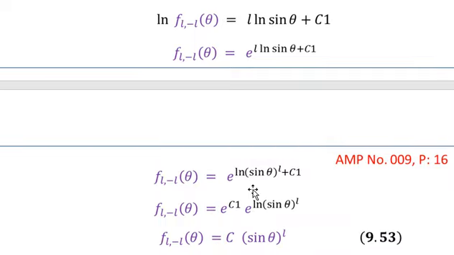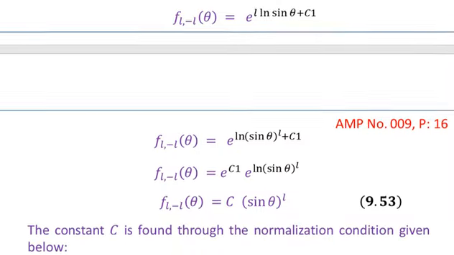Now you see that you can expand the exponential term, that is you can write it as e to the power c1, and the other factor can be written as e to the power log of sine of theta raised to the power L. And you see that here e to the power c1 can be replaced with another constant represented as c.